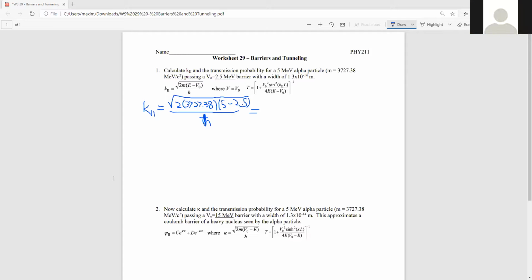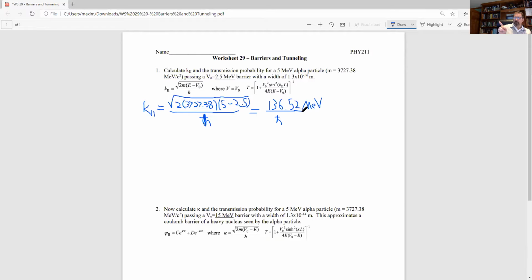It's 136.52 divided by H bar. Say that again. 136.52 divided by H bar, and this is MeV over c.